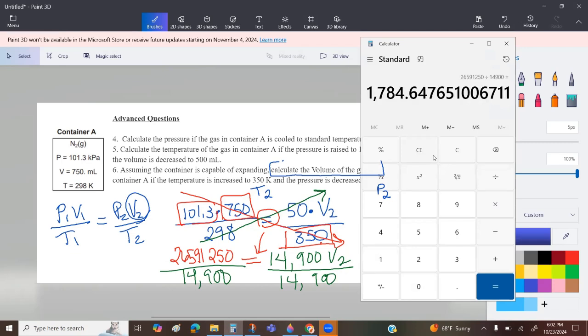Now, if you're good with your calculator, oh, that seems wrong. What did I do here? That number seems way too big. Okay. Oh, I dropped the pressure really severely.